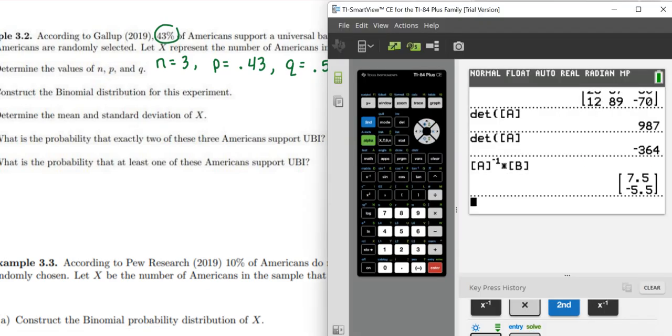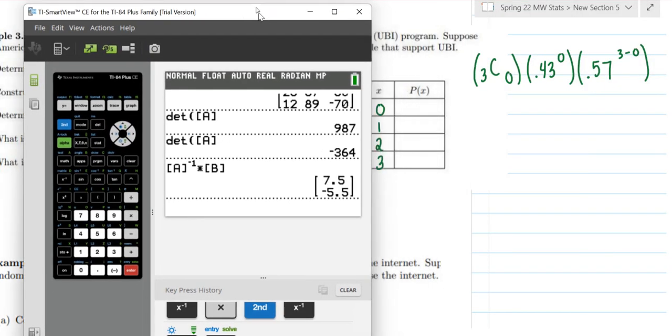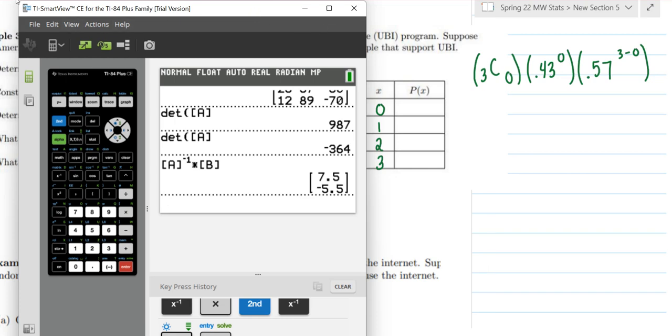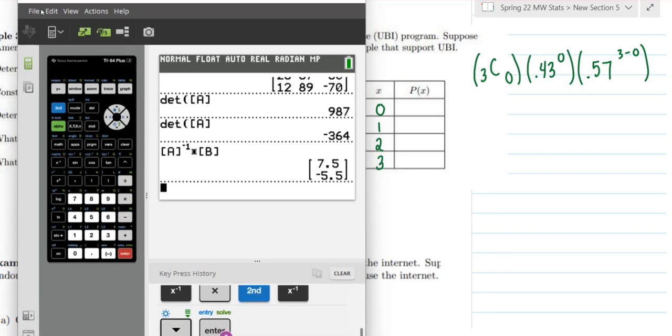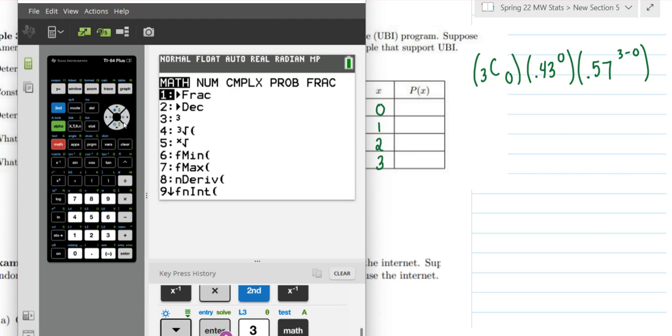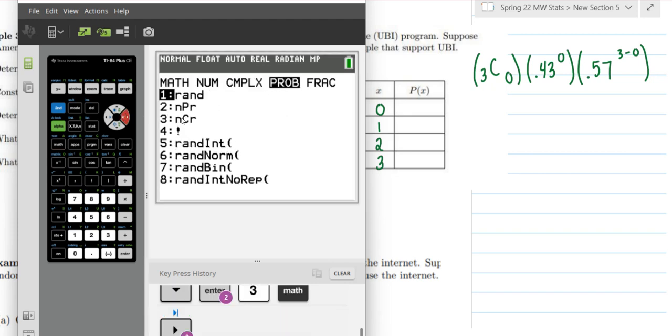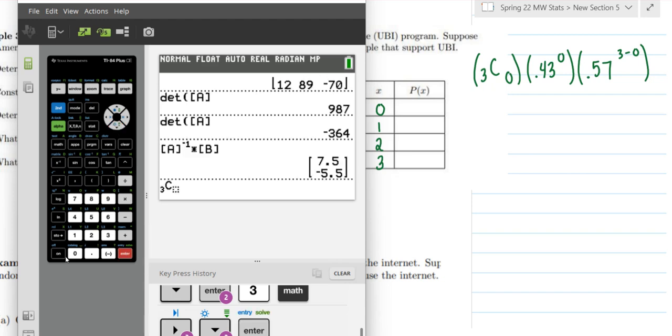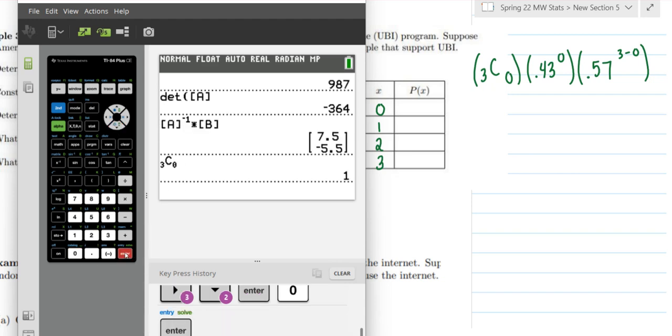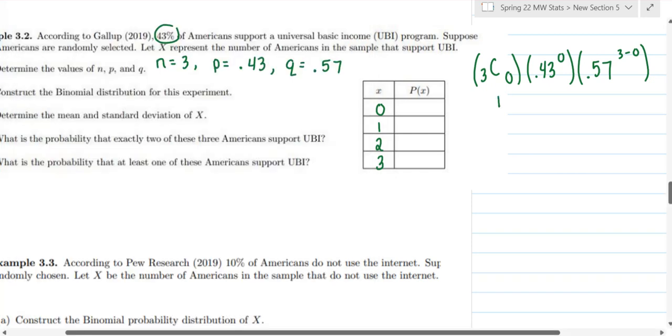Okay, so do we remember where to do the C in our calculator? Math. So I would do here 3C0, so 3, math, over to probability, nCr, 0. That's just going to be 1. Okay, so this is going to be 1 times, what's anything to the 0 power? 1.